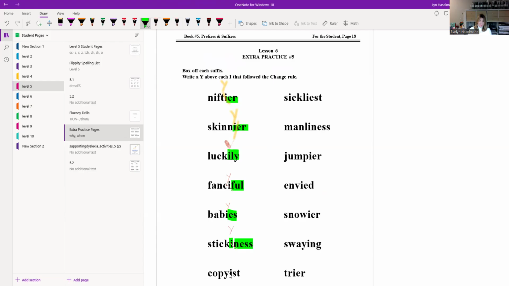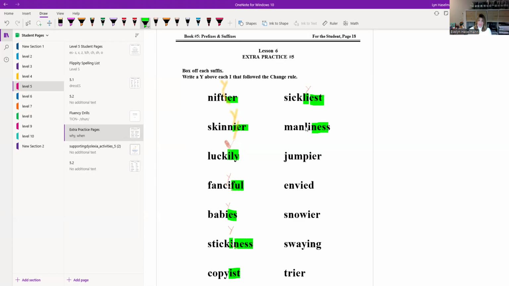Copyist. Somebody who copies, copyist. We have another one? No. Sickliest. Again, two suffixes on this. Sick and Lee and S. So in Lee, you did change your Y to an I.